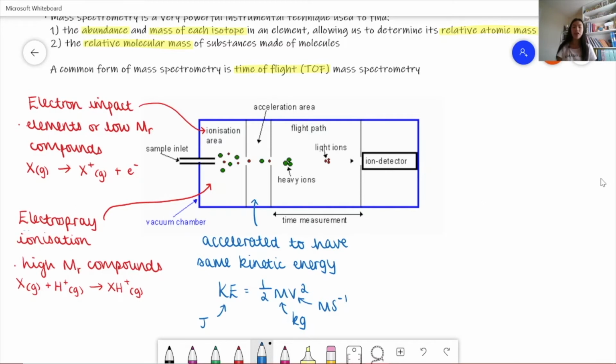And then we have the third area, and this is what we call the flight tube. And this is where we separate the ions.